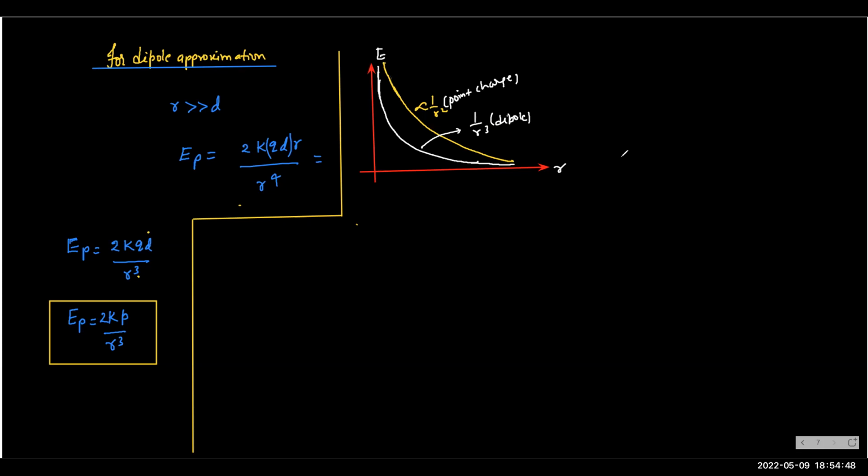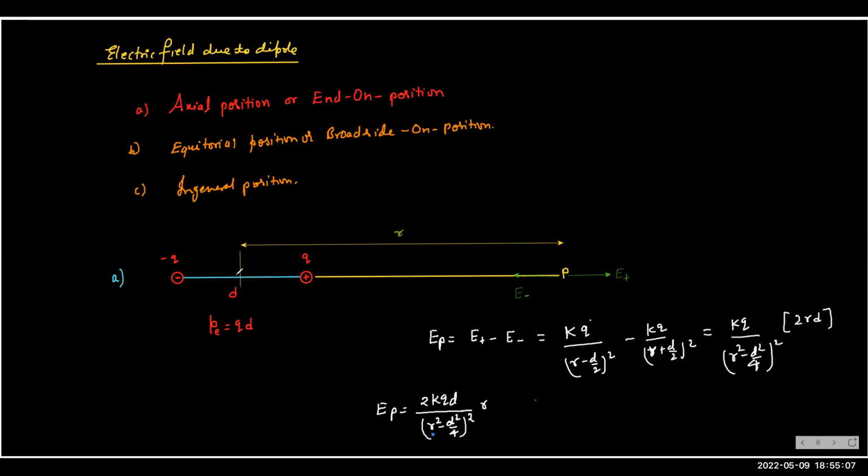Understood. So now this is the first case. You got the answer for the first case. The next part is how to write in vector form. So in EP, if you want to write the EP vector, you can see something here. The dipole moment vector is towards right, correct?